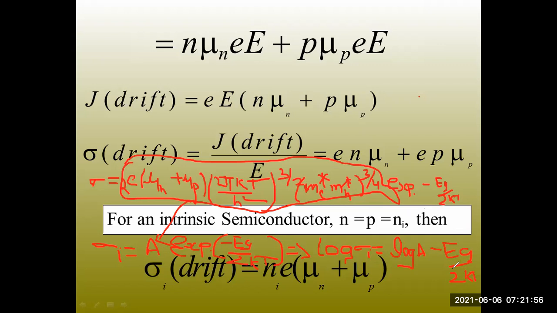Because when you plot a graph between the conductivity value and the inverse of the temperature, you can see that the conductivity is related to 1 by T. When we plot a graph with 1 by T in Kelvin on the x-axis and log sigma i on the y-axis, we will get this type of graph.